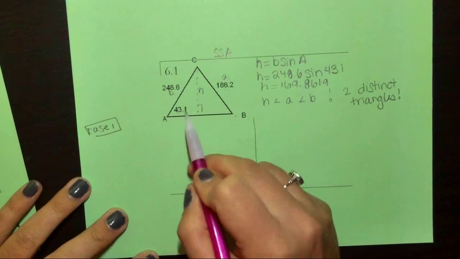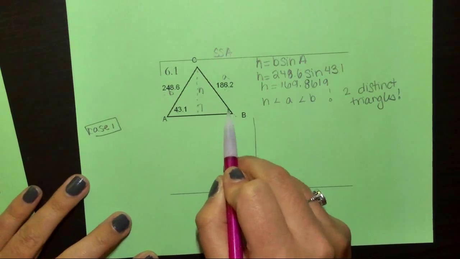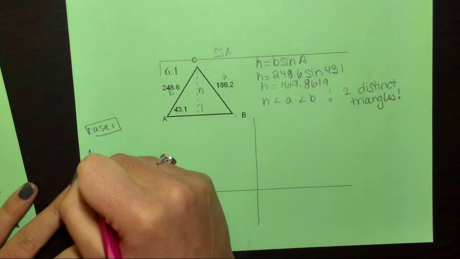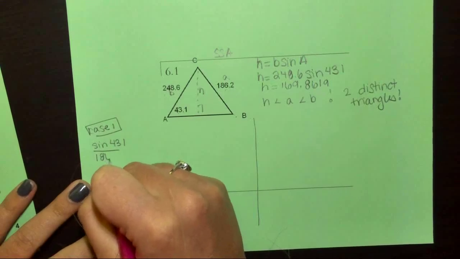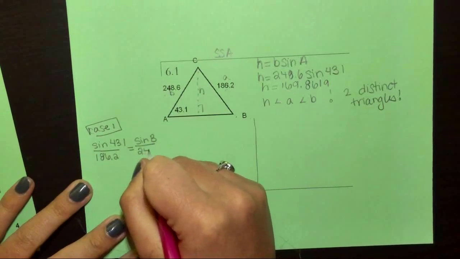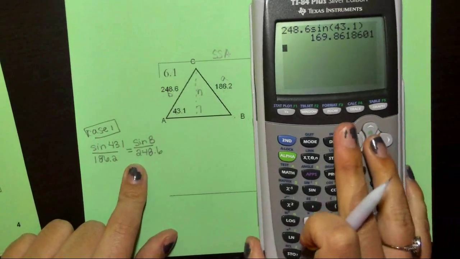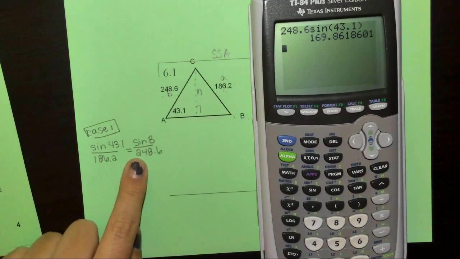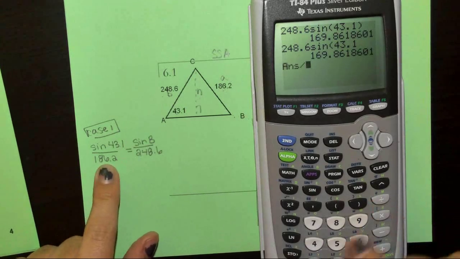So we have side A and angle A and side B. I would first solve for that missing angle, angle B. So when I cross multiply, I have 248.6 times the sine of 43.1, and I'm going to divide that by 186.2.